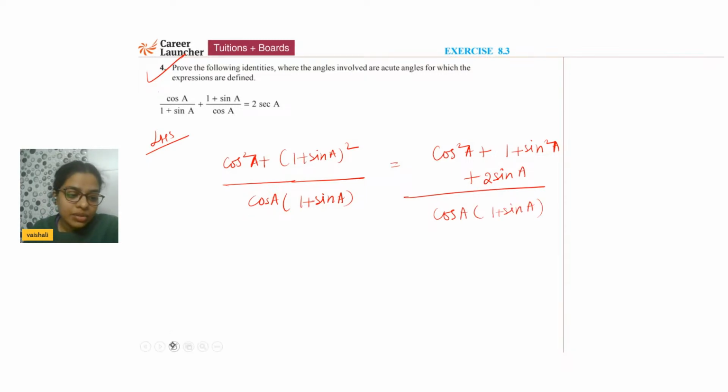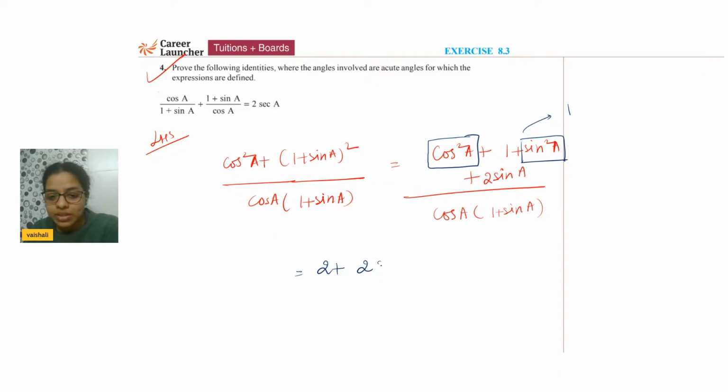Now I can make use of these two parts in the given expression, that sin square A plus cos square A is equal to 1, if I'm adding both of these. 1 plus 1 is 2. So 2 plus 2 sin A divided by cos A multiplied by (1 plus sin A). I am taking 2 common here.